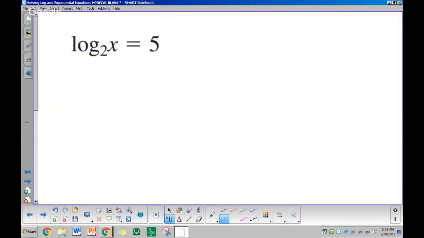So we're going to exponentiate using the same base as the log. We raise the left side, 2 to the log base 2 of x, and then 2 to the fifth. This is x. And then 2 to the fifth is 32.